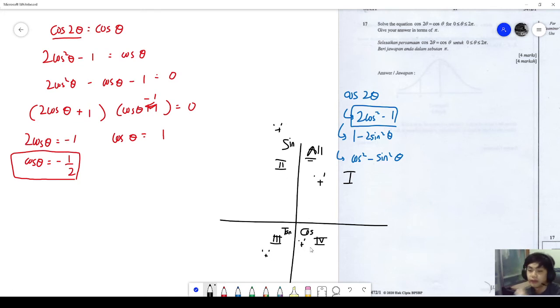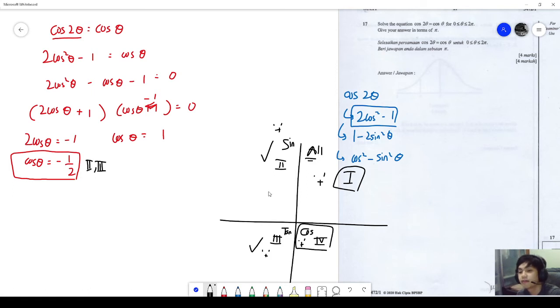So by understanding this, when we see cos θ equals negative half, we understand that cos is currently negative. Therefore, our answer would be in the second and third quadrant because cos is only positive in the fourth and first quadrant. So our answer will be in the second and third quadrant.